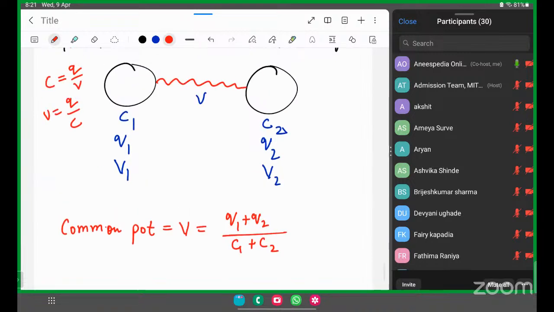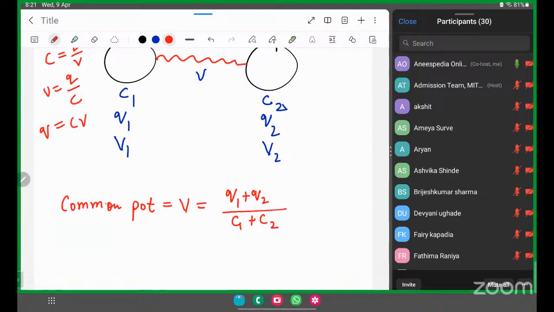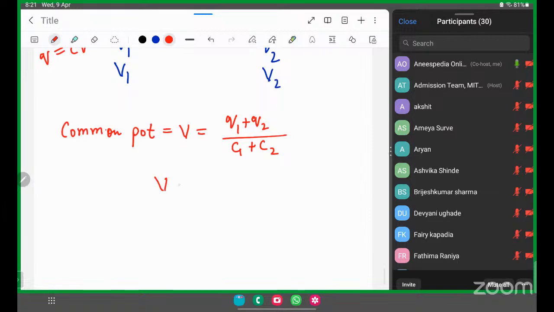And now again using the same formula, we have Q equals C into V. So common potential V can be written as, in place of Q1 we can have C1 V1 plus C2 V2, divided by C1 plus C2.